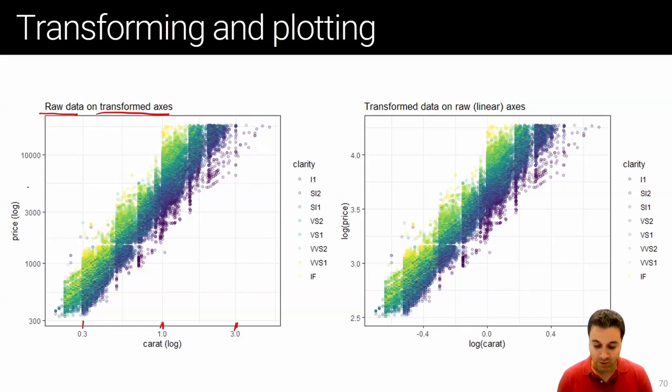On the right-hand side, what we're doing is transforming the data and then plotting on the raw linear axis. So we transform and just plot it. And what we see here is that now the interpretation of the axis is just the typical one. So the relationship between this one and this one is 0.4, which is the same as to this one, 0.4.